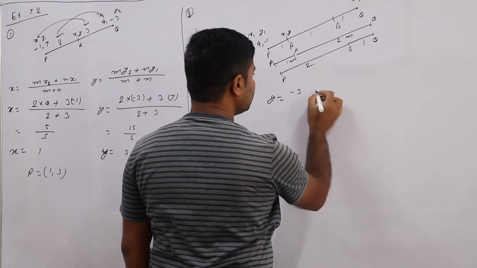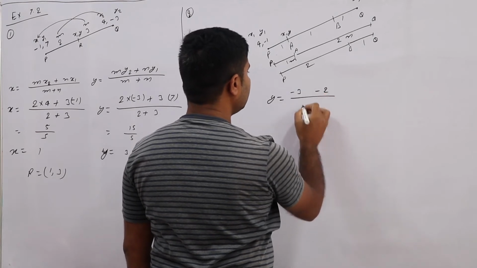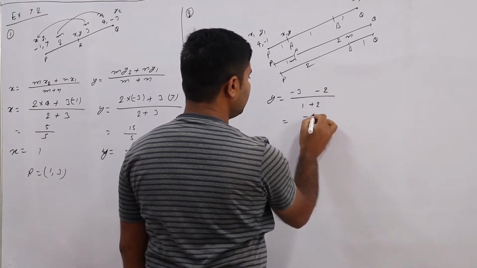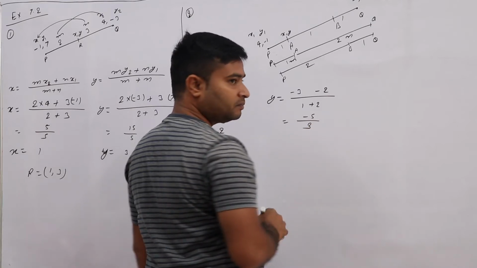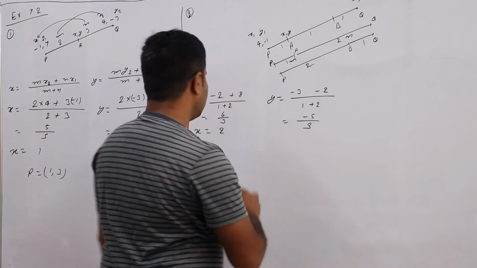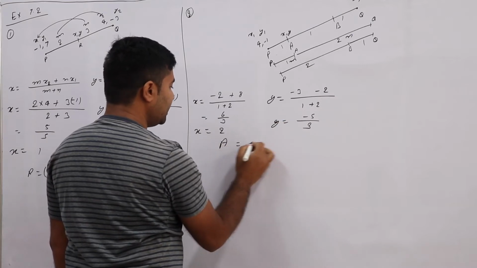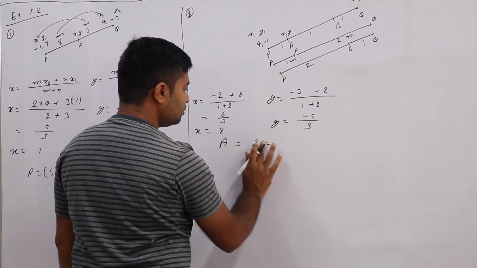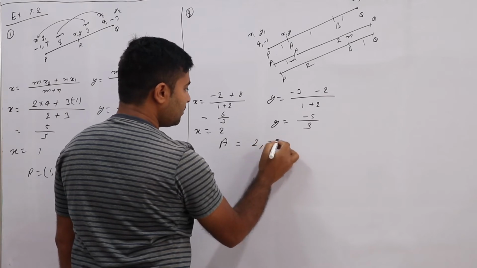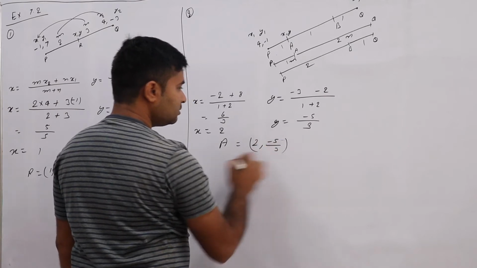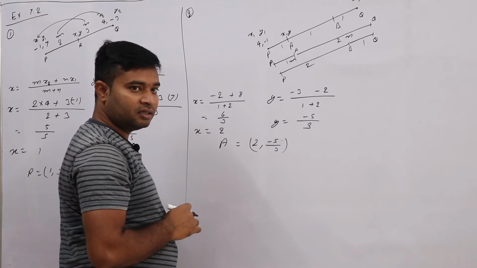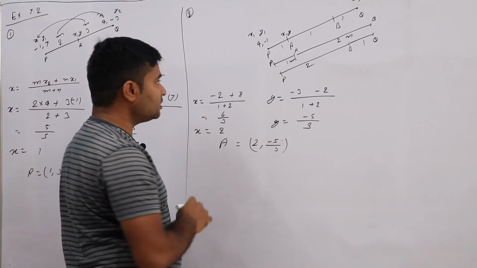This becomes minus 5 by 1 plus 2, which is minus 5 by 3. So coordinate A is (2, -5/3). Getting? Achha, next.